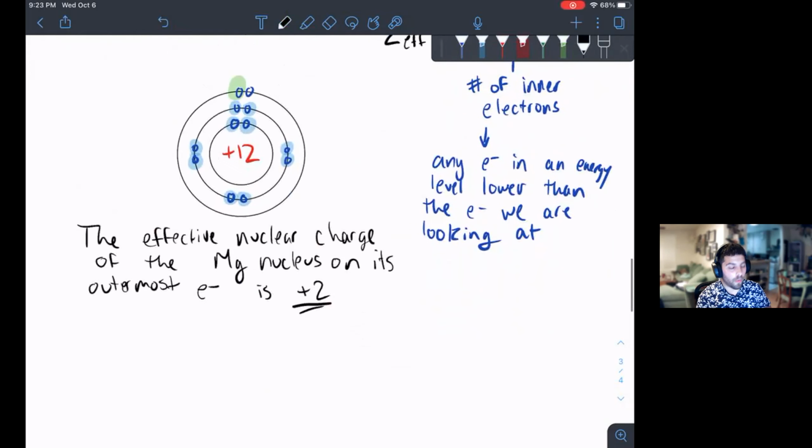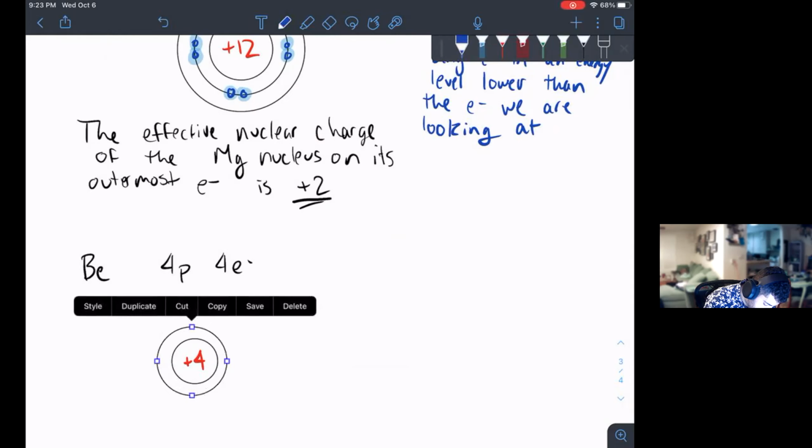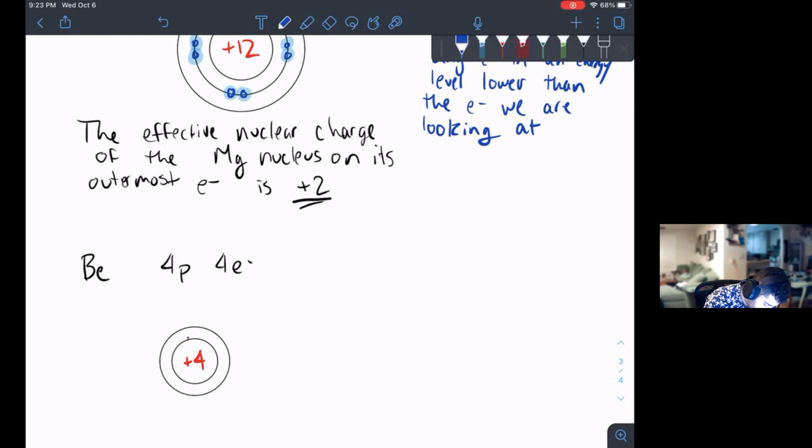So if we look at beryllium, which has 4 protons and 4 electrons. So I'll go ahead and draw that, plus 4. One, two, 1, 2.